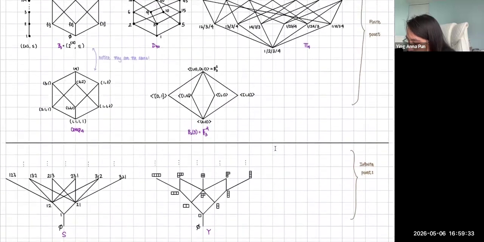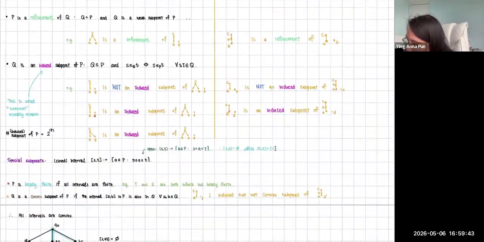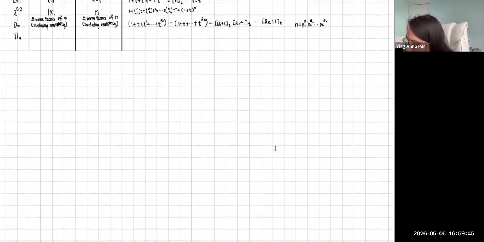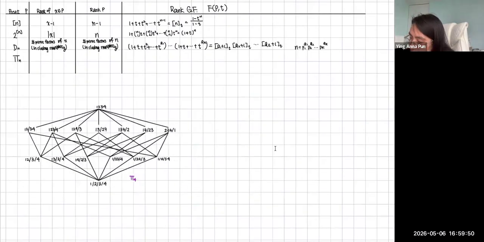Okay, so this is our Pi 4. You are having a subpartition of 1, 2, 3, 4.